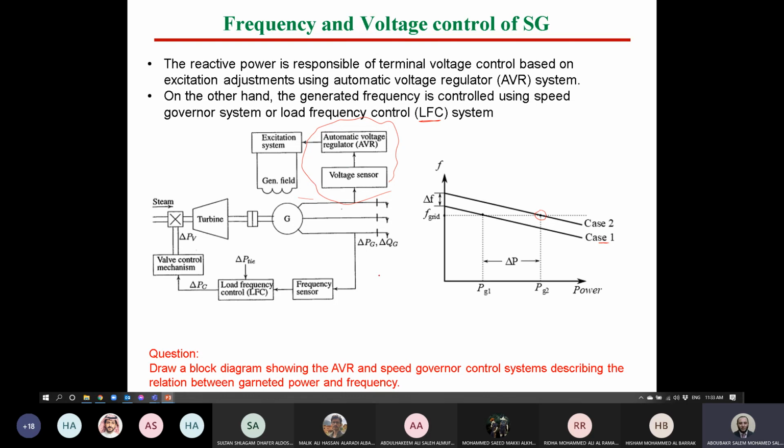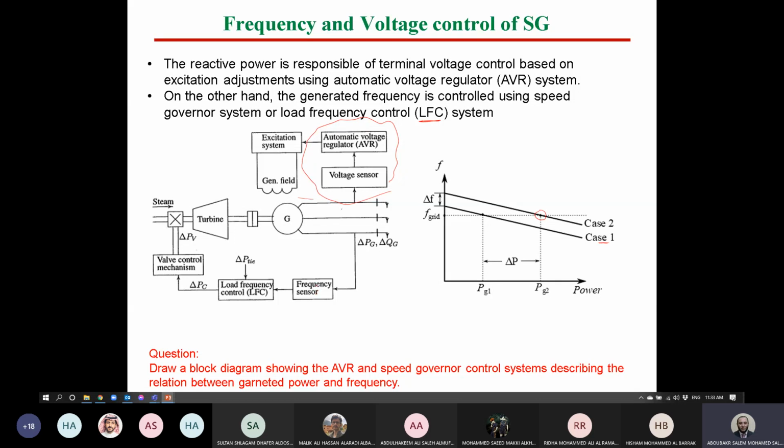For the speed governor, we also measure the voltage signals, which can be used to get the frequency value by using frequency sensors. Then, based on the frequency value, the frequency can be changed, increased or decreased, according to the power change.